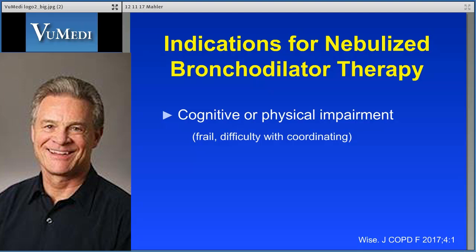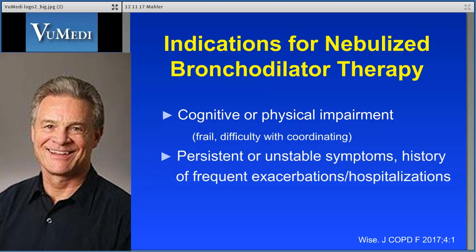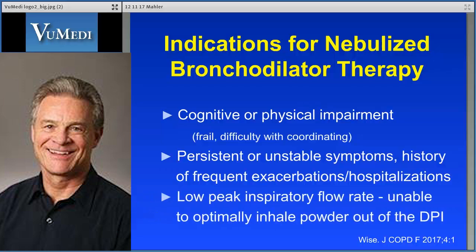A second indication is persistent or unstable symptoms, a history of frequent exacerbations or hospitalizations. A third indication is a low peak inspiratory flow rate, as described before, so the individual is unable to optimally inhale powder out of the dry powder device.